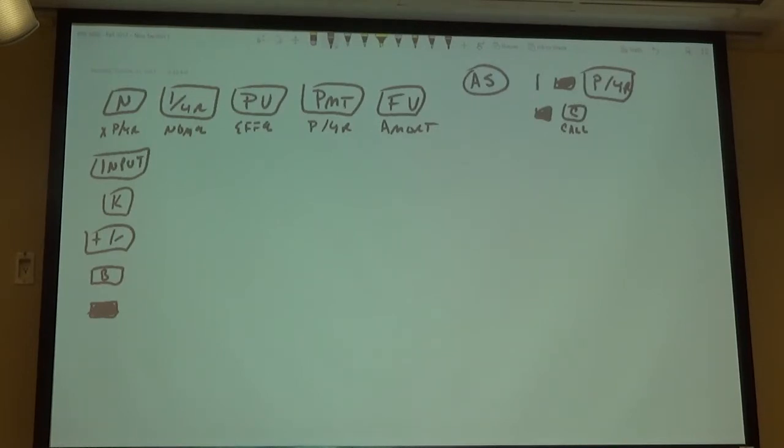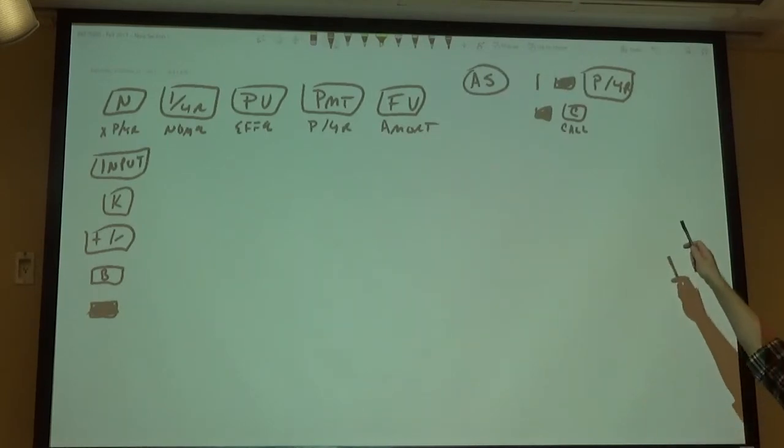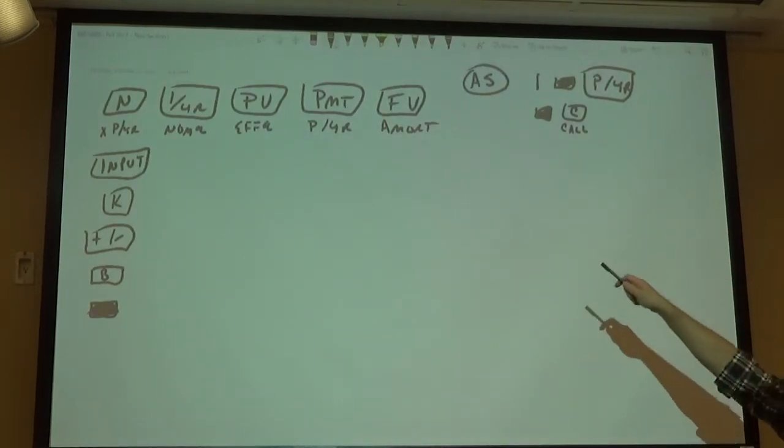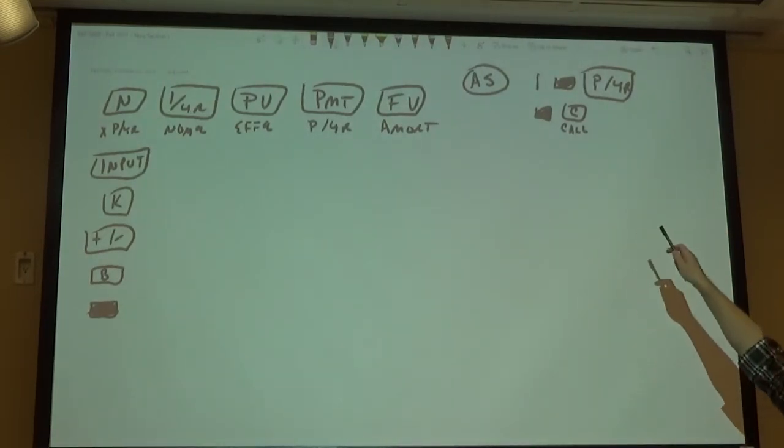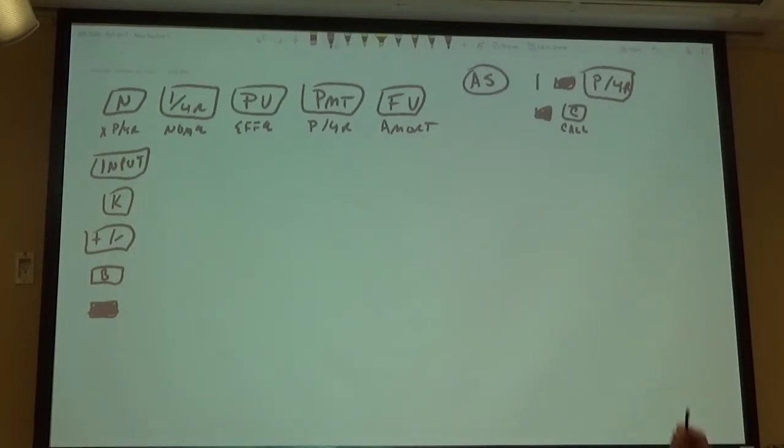If it's showing 1P year, you've done everything right. Once again, all you do, once you turn the calculator on, is type 1 shift payments per year, then shift, clear all, hold it down, and it should show 1P year. That is simply telling you the calculator is currently set on annual compounding.